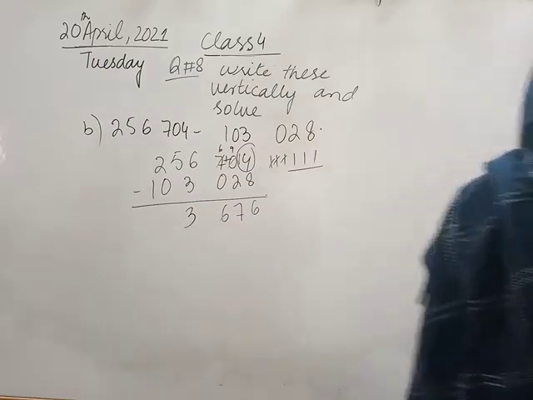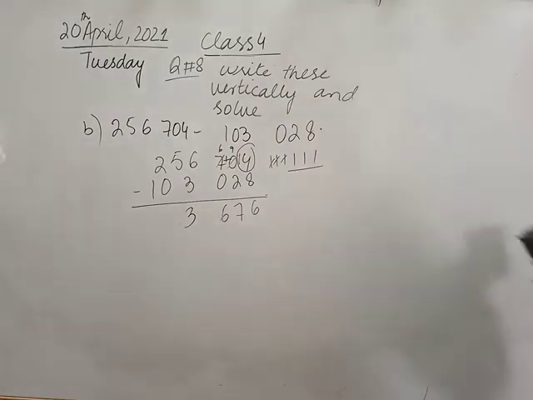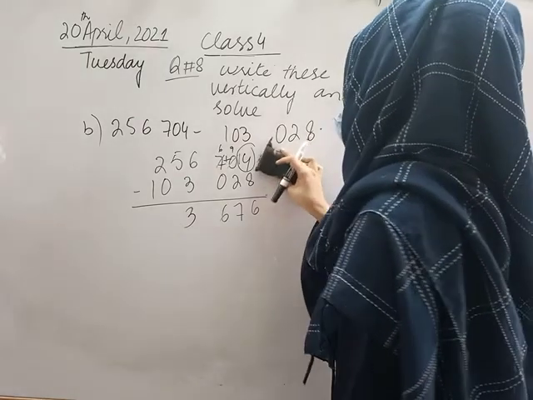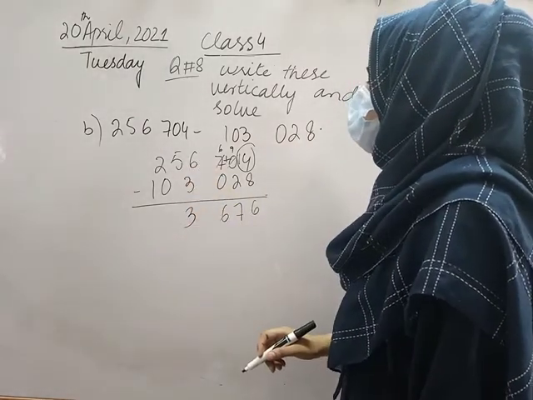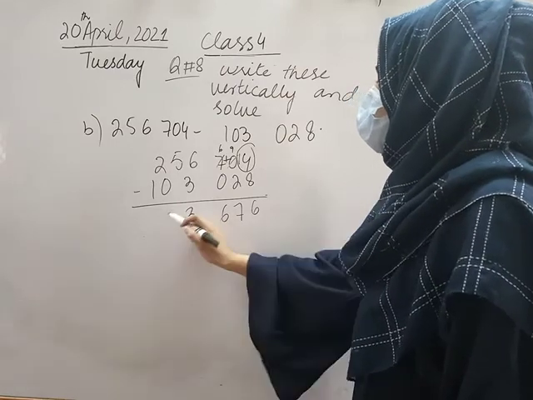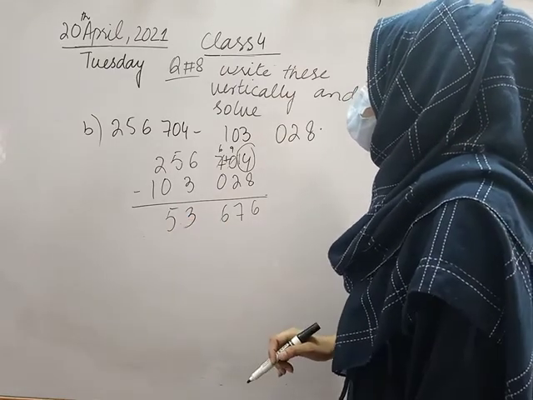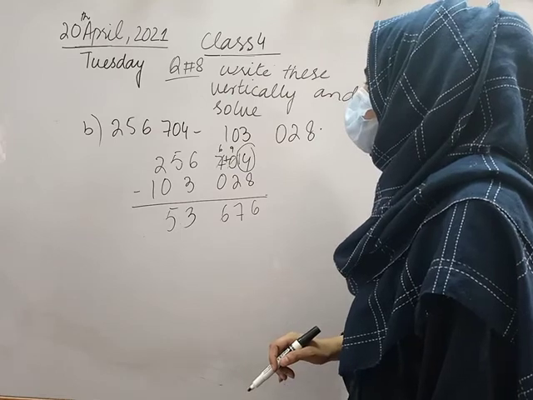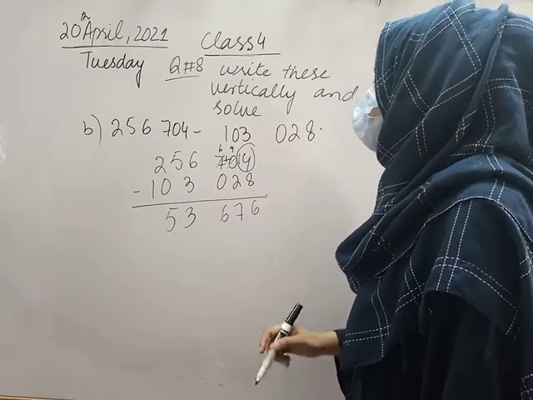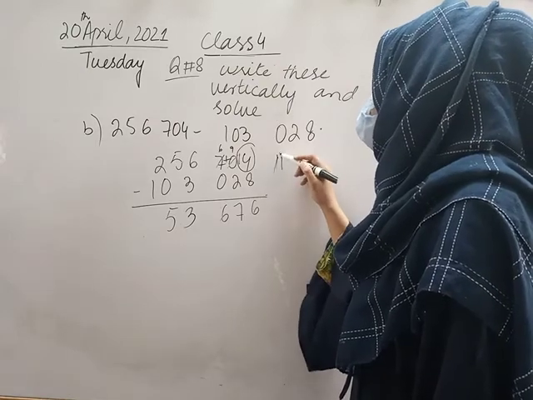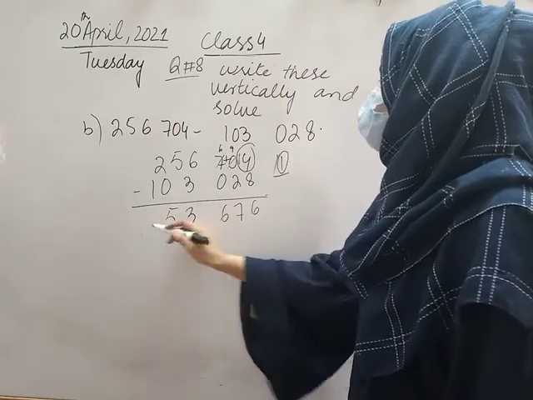Fine. 6 minus 3 is 3. 5 minus 0. 5 minus 0. So my answer is 5. 5 minus 0 is 5. Next number, which is 2 minus 1. From 2, what do I have to do? Subtract 1, and I have 1 in total.